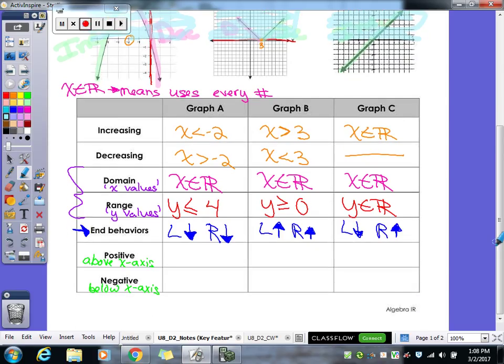So for this one, I'm going to do my absolute value first. As we said, the whole thing was positive. So when it's always the whole thing, it's x is an element of the reals. The whole thing is positive up there. That one is never negative.